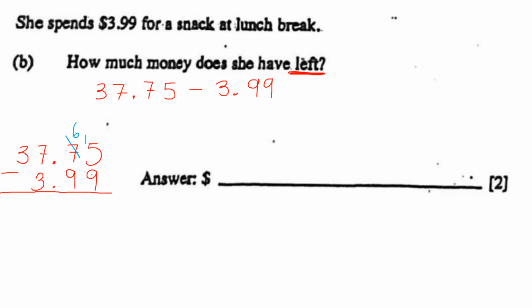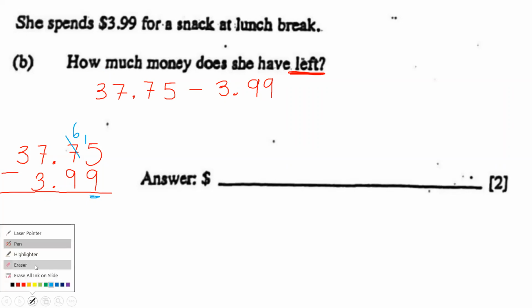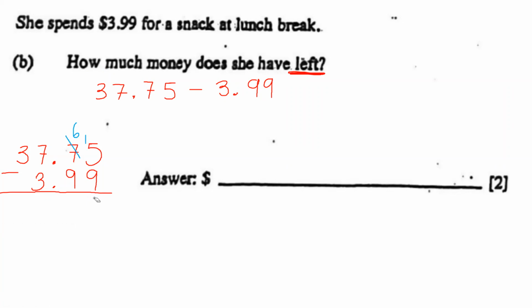What is 15 minus 9? 9, 10, 11, 12, 13, 14, 15. My apologies, it's 6. So 15 minus 9 is 6, because 9 plus 6 is 15.